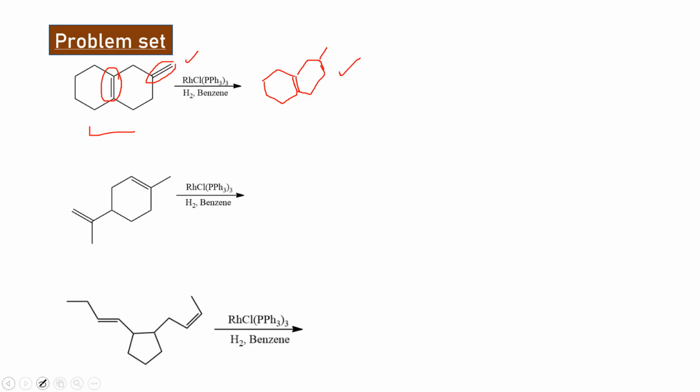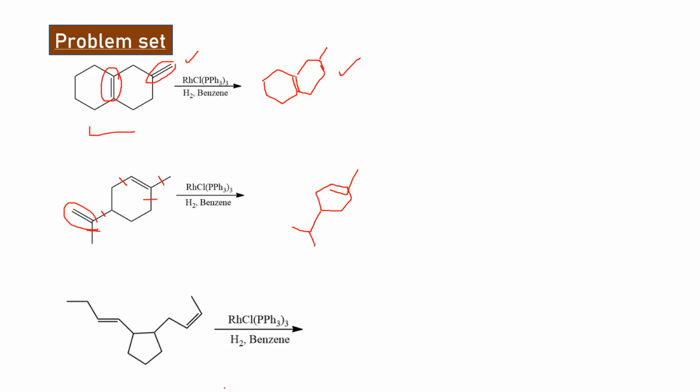Okay, let's solve one by one. So here, one double bond is inside the ring, one is outside the ring. But here, the double bond has 3 groups around it, there is 2. So the less hindered double bond is this one. So which one will get reduced? Obviously the external double bond.